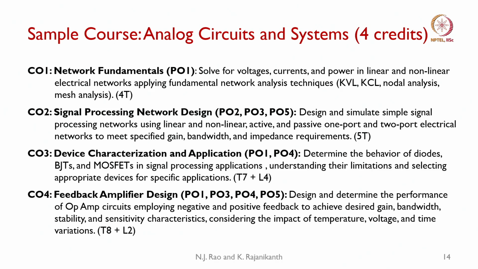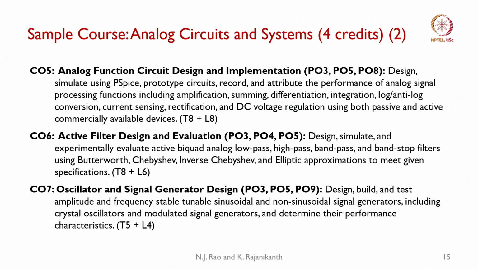We will not discuss the way analog circuits and systems need to be offered. That is a different issue. There are 7 course outcomes written, and each course outcome addresses a slightly different subset of program outcomes.